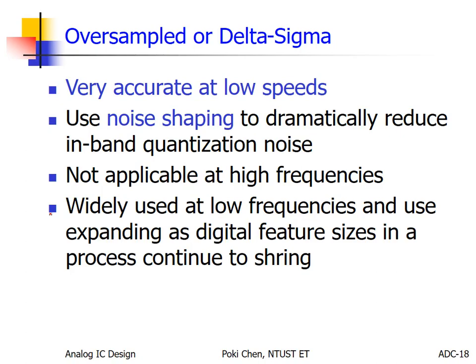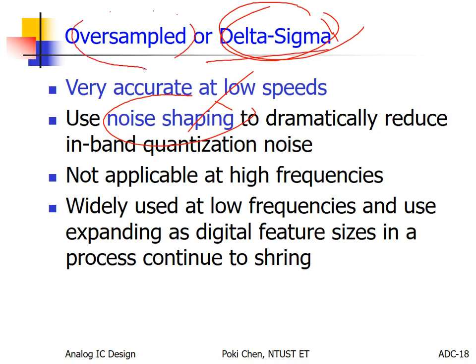For sigma delta, delta sigma, we can get noise shaping. Why do we call it noise shaping? I will explain when I introduce that kind of ADC. But I told you already, to apply delta sigma, you need to apply oversampling at the same time.